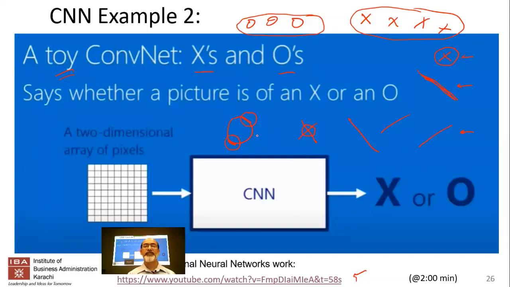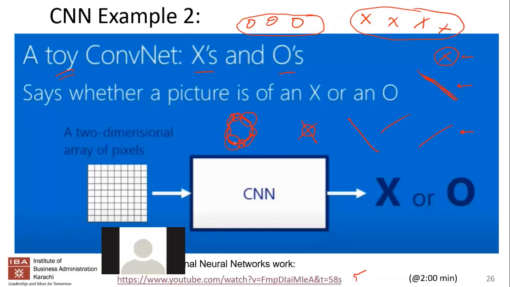What else would we be looking for? A right-leaning line? There'll also be a right-leaning line. What else is there in an O? There's no intersection. That's clear. But what else is there? Vertical line. Exactly. So there are two vertical lines as well. And of course, there are two horizontal lines as well.